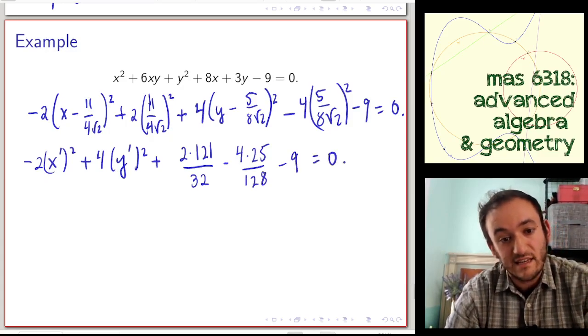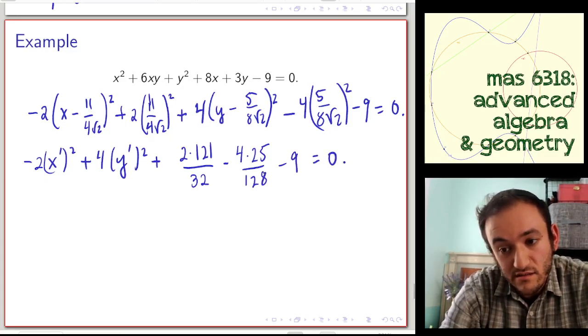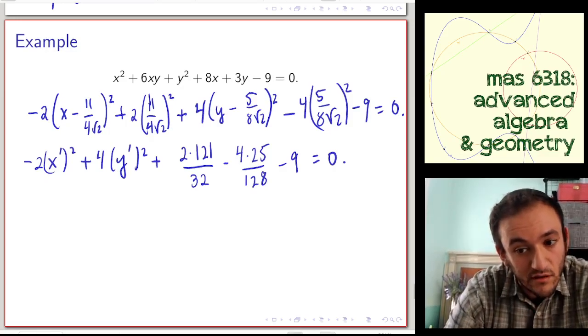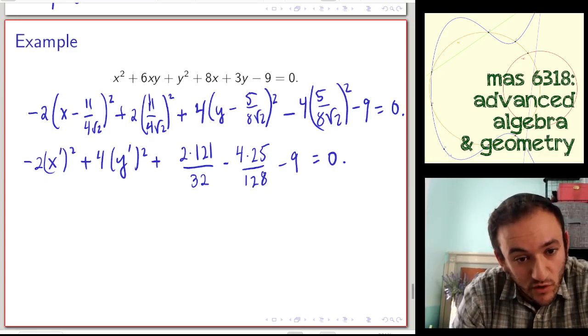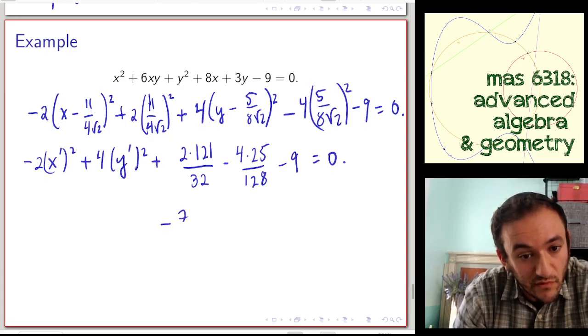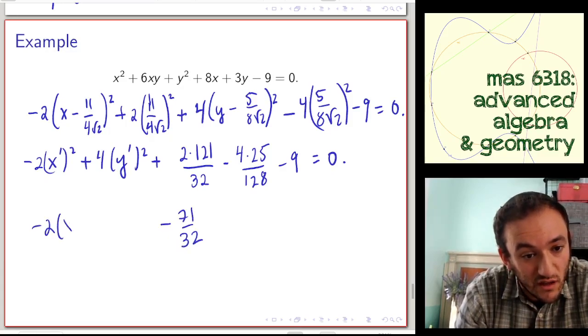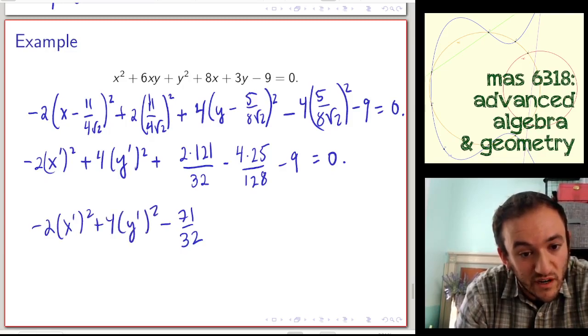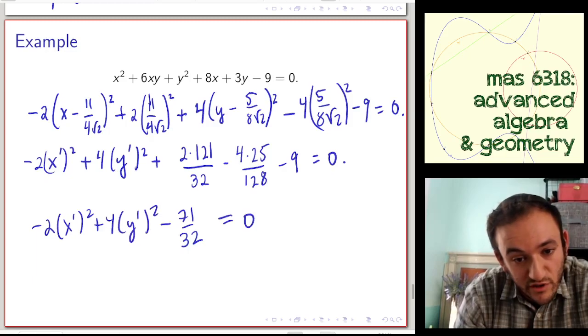Okay, and then this constant should be minus 71 over 32. So we have minus 2x prime squared plus 4y prime squared minus 71 over 32 equals 0.